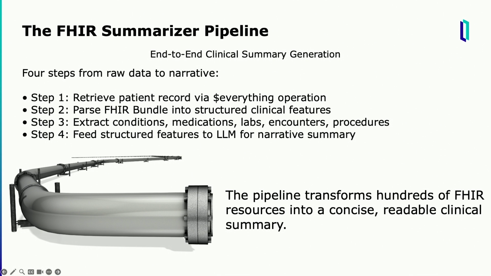We extract clinically relevant features. Only after that do we pass the structured context into the LLM. The key design principle is that we do not send raw FHIR to the model if we can avoid it. We transform it first, and you'll get to see this.